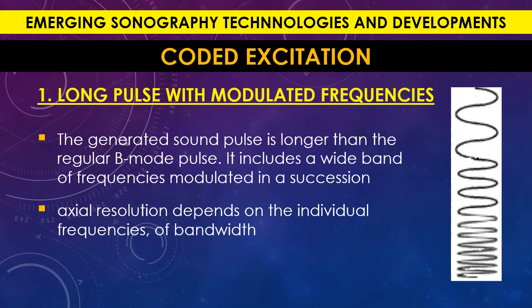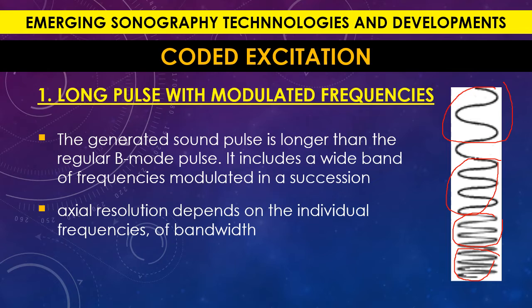First, we come to the long pulse with the modulated frequencies. If you look here, this is a diagrammatic display of what happens with coded excitation. It's made of different frequencies, and these frequencies are in succession.